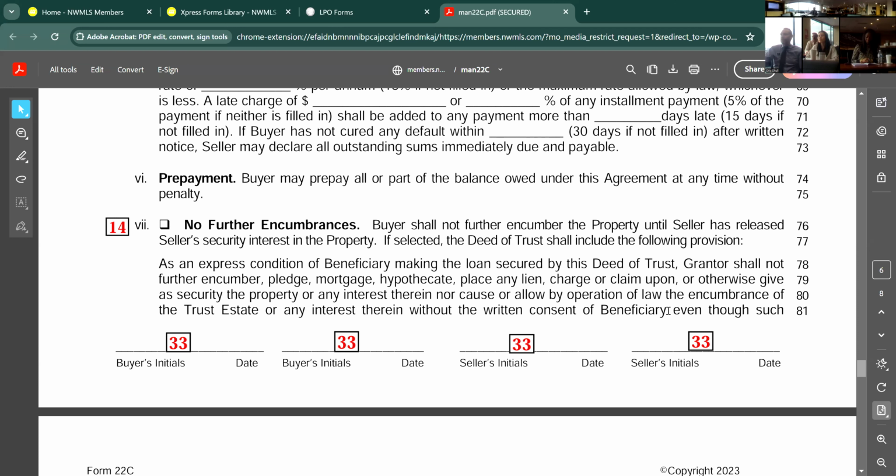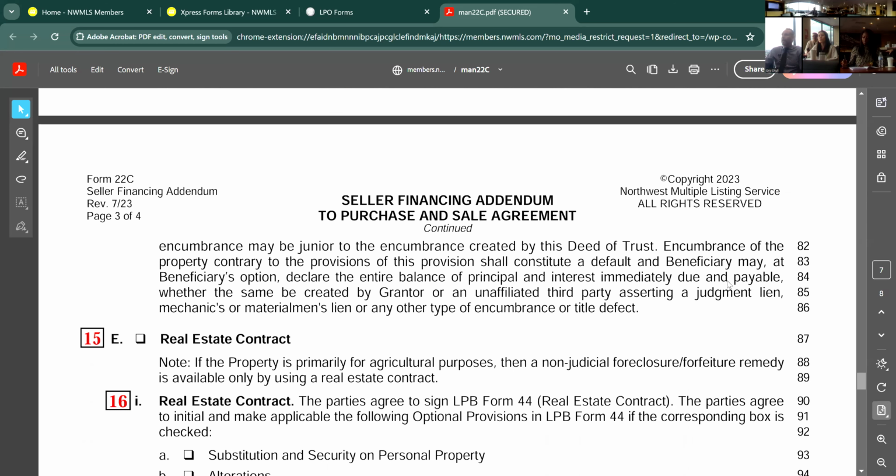Grantor shall not further encumber, pledge, mortgage, hypothecate, place any lien, charge or claim upon, or otherwise give as security the property or any interest therein, nor cause or allow by operation of law the encumbrance of the trust estate, or any interest therein without the written consent of beneficiary, even though such encumbrance may be junior to the encumbrance created by this deed of trust.